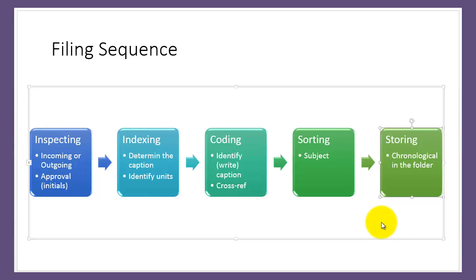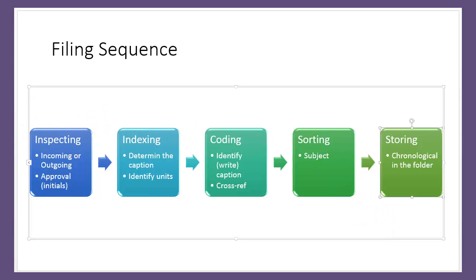And when you put the new correspondence in the folder, you would put it in chronological order. That basically means that you put the newest one in the front of all the files or the correspondence in the folder. You put it in the front so that the older ones go to the back.